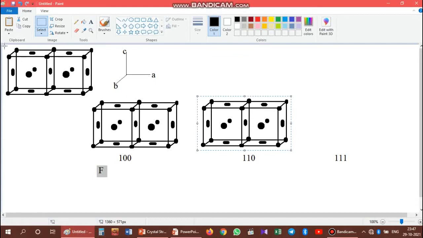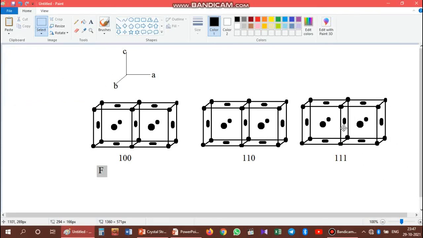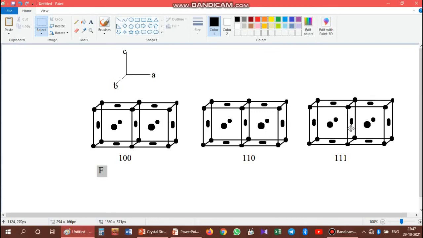So every time you have to draw two rectangles, cut them into two squares, 2 into 2, 4 squares, and then join their corners, put all the lattice points in the 12 vertices, then again the lattice points in the 11 face centers. So you have to do it thrice. I have done it once here. This is the advantage here, but you have to do it thrice when you are doing it manually.